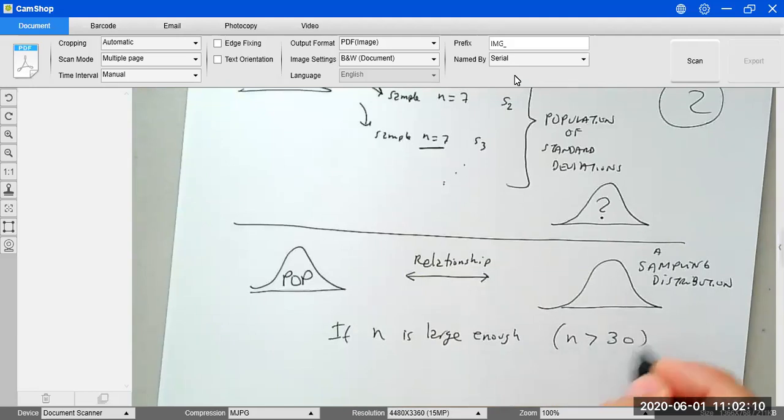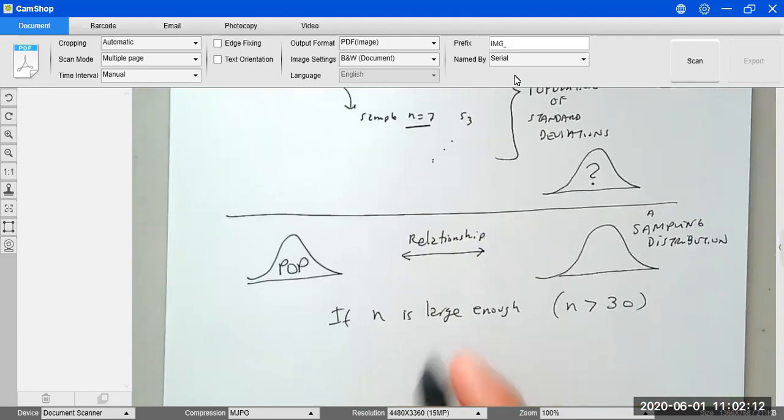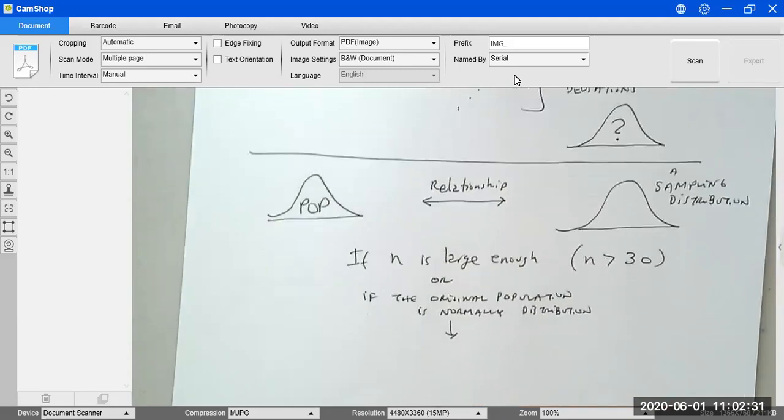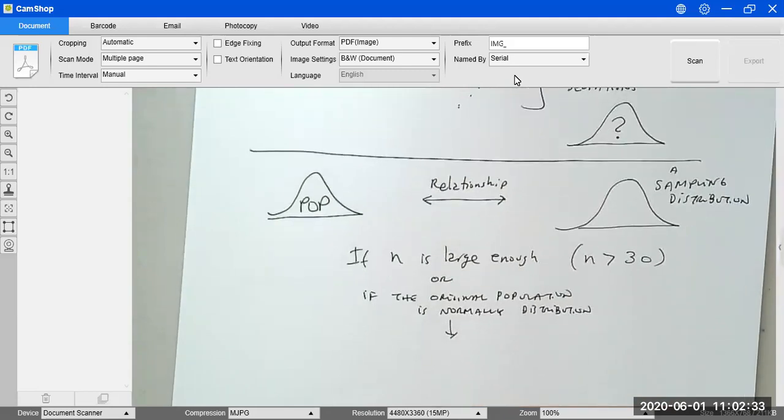Greater than 30. Or if the original population is normally distributed, then we can apply a theorem. The theorem is the Central Limit Theorem.